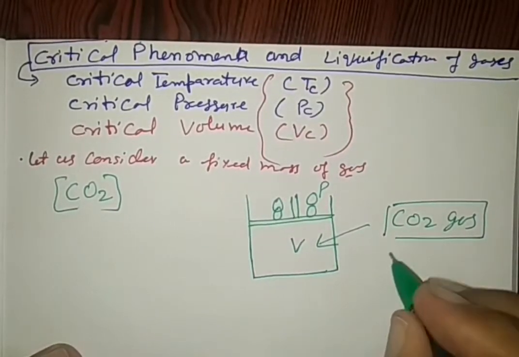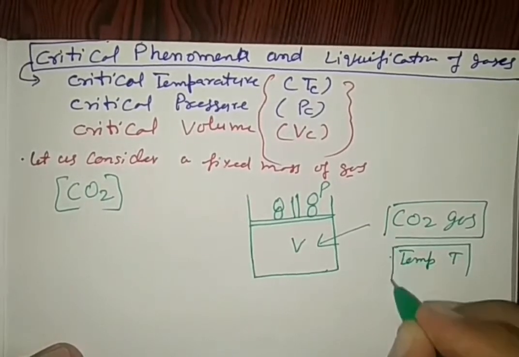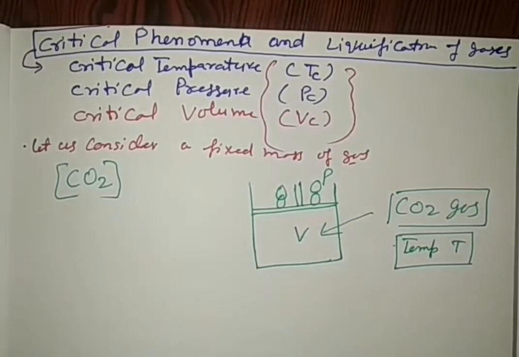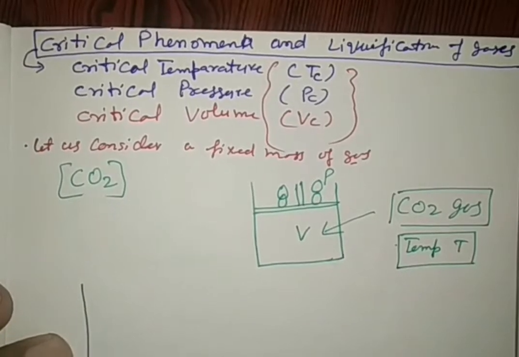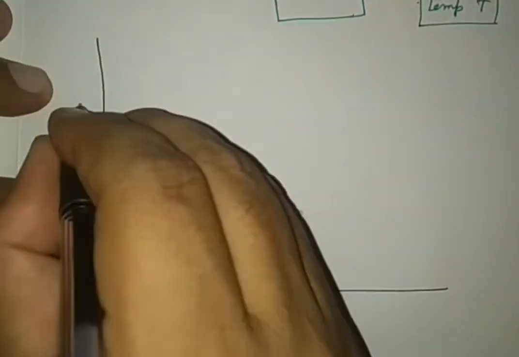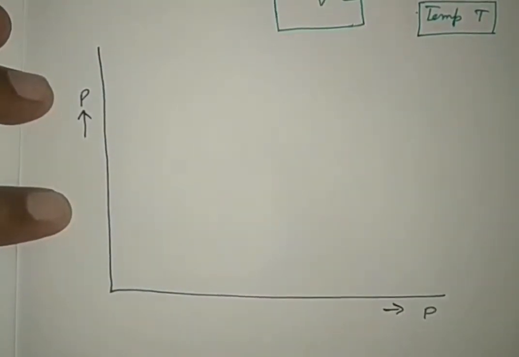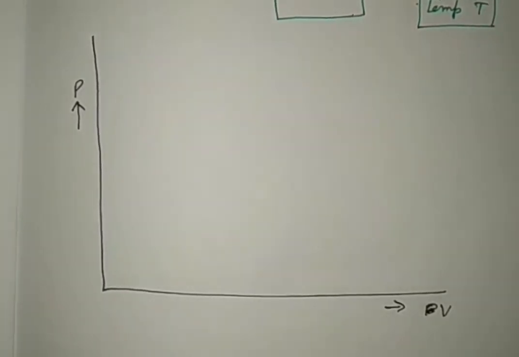And at different temperatures T, we are watching the pressure and volume, and we are going to plot a graph between pressure versus volume. So you are requested to see this graph very carefully. This graph is obtained at different constant temperatures.